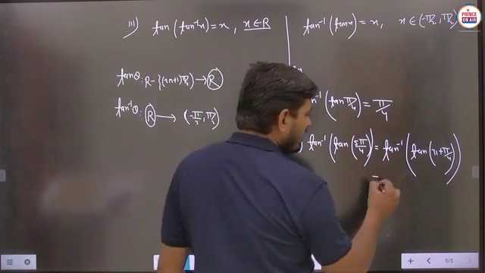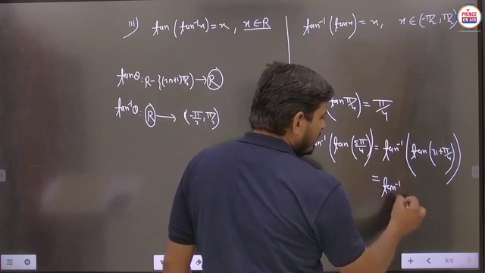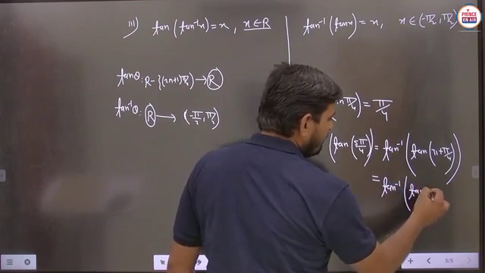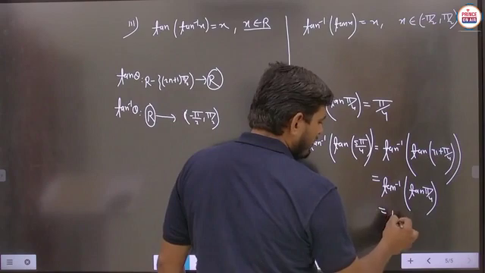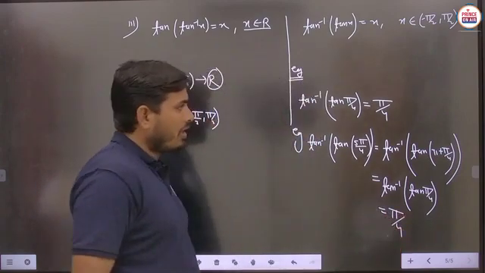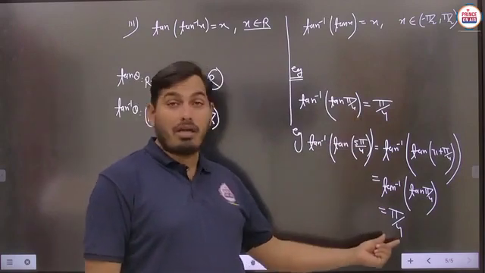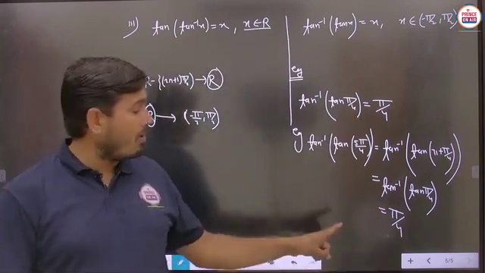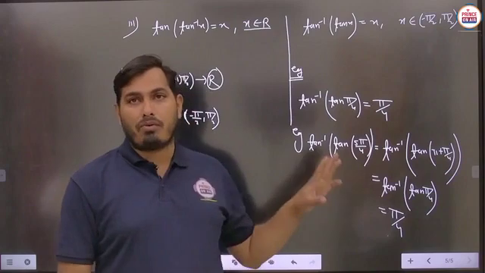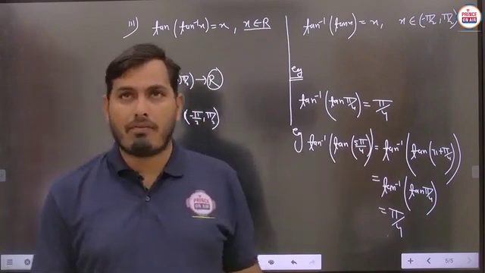So this will be written as tan inverse of tan π/4. After this transformation, you will get the answer as π/4. So in this case the answer is π/4. In such calculations, we just have to see the basic transformation.